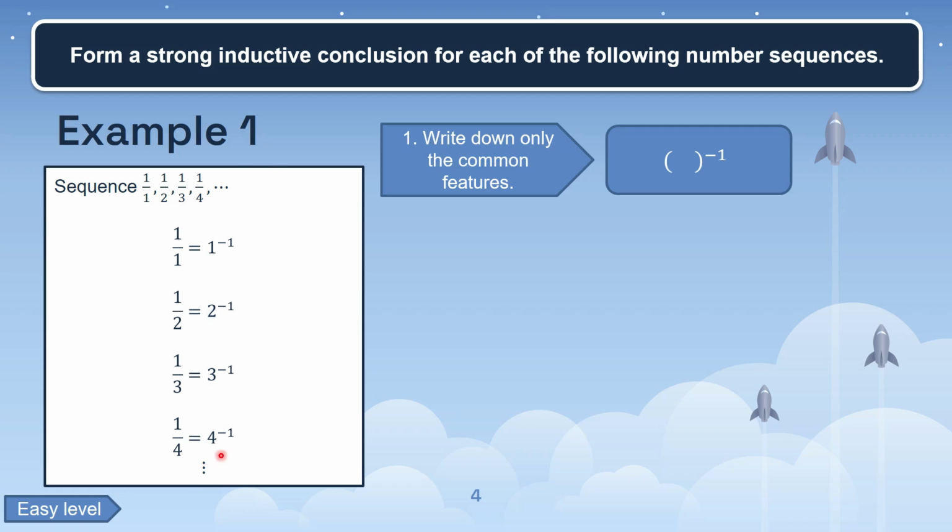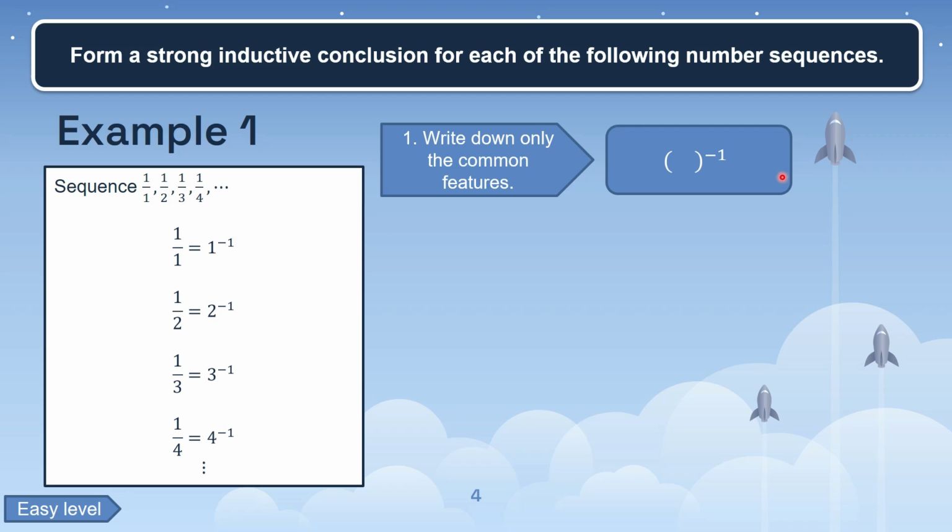The common feature here is only the power of -1. 1, 2, 3, 4 is not a common feature because it involves different numbers. So we write down the common part first.